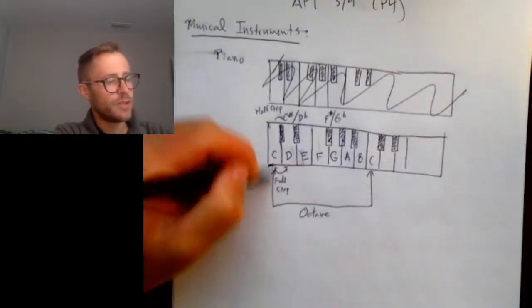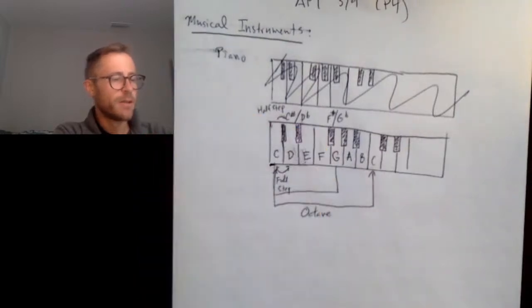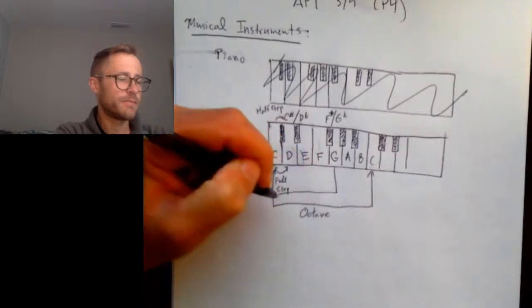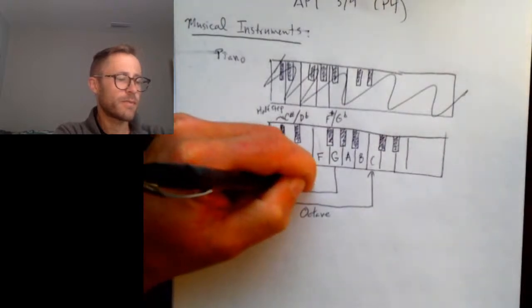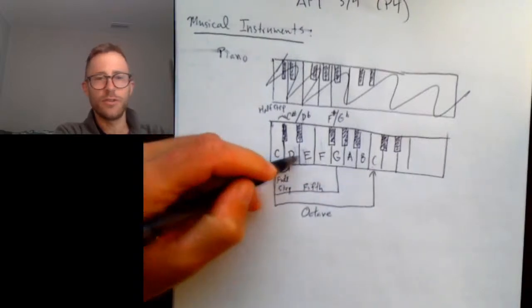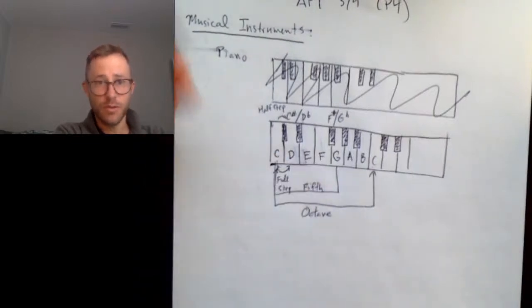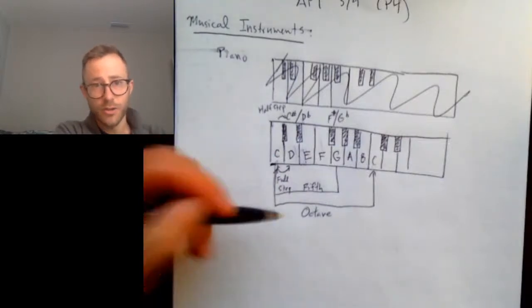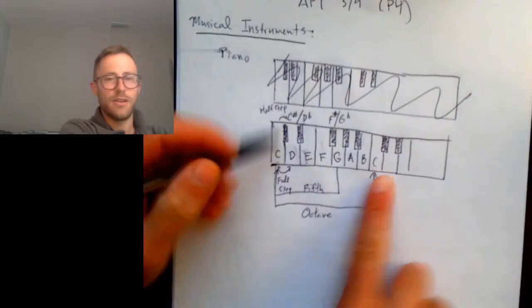If you go from a C to a G, because it's 5 keys, that's called a fifth. If you go from a C to an F, that's 4 keys over, so that's called a fourth. C to E is a third, etc. Octave, octo means 8, so there's 8 keys here.